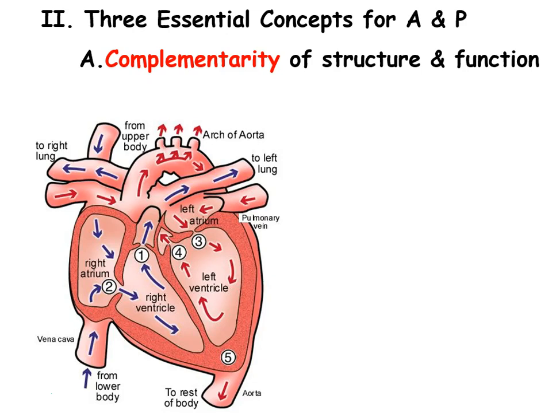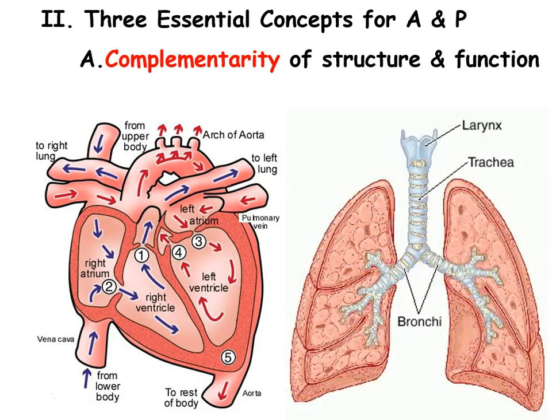So the structure of the heart is directly related to its function. The way the heart functions also complements how other organs, for example, the lungs work and where the lungs are. So in anatomy and physiology, structure and function complement each other. It's very hard to talk about one sometimes without talking about the other.